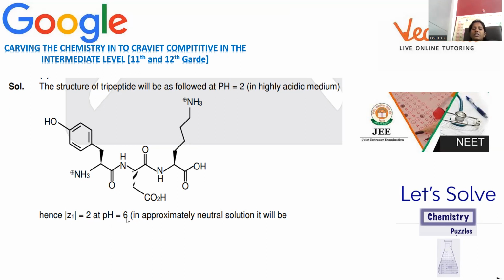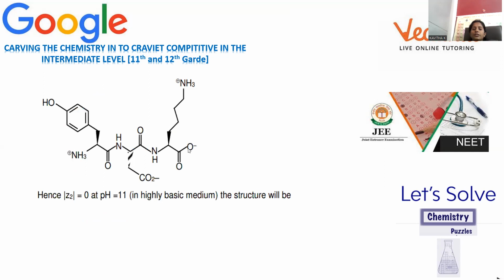If you go for pH equal to 6, the second condition we are discussing, pH equal to 6 is almost neutral. Neutral means what? However many positive charges there are, that many negative charges are there. All the charges are counterbalanced. We can say positive charges are counterbalanced with negative charges, so it is almost neutral in nature.